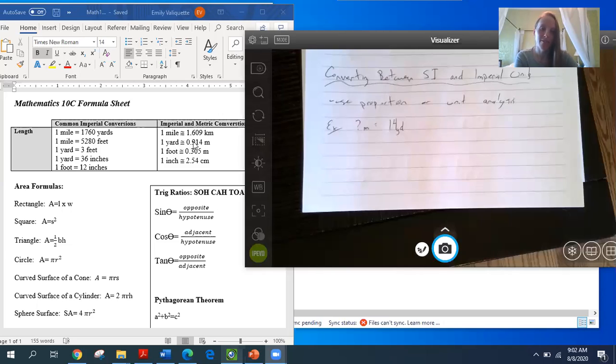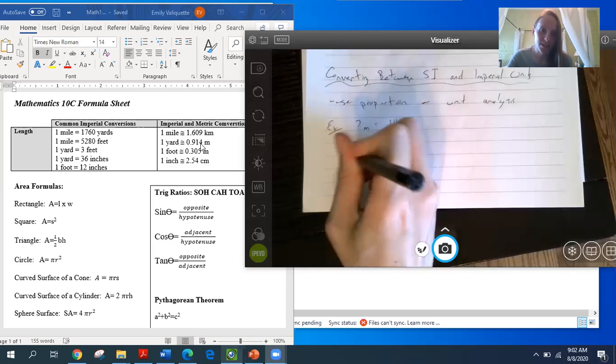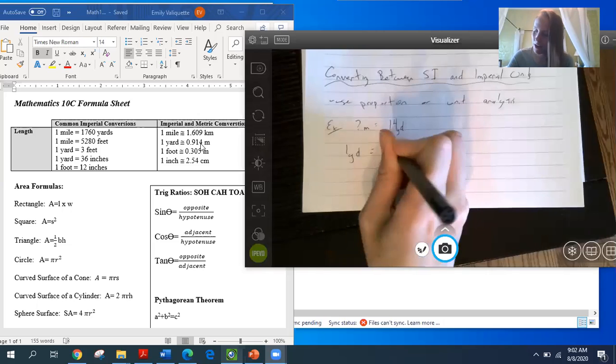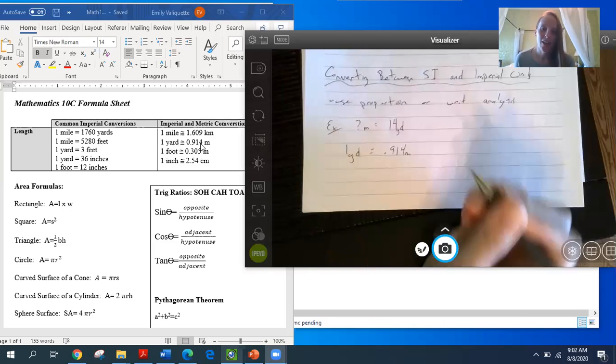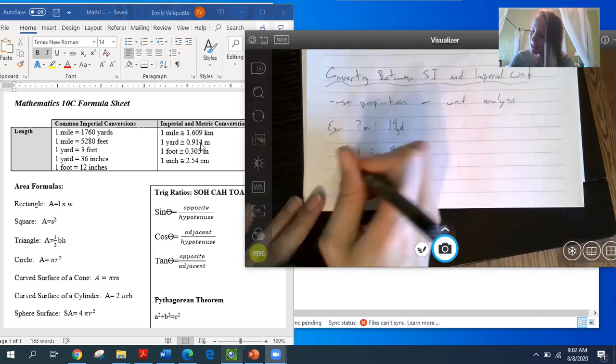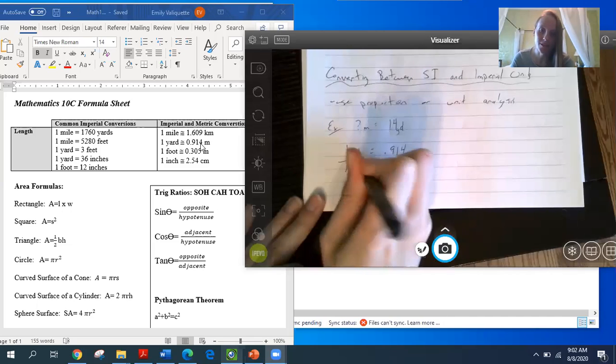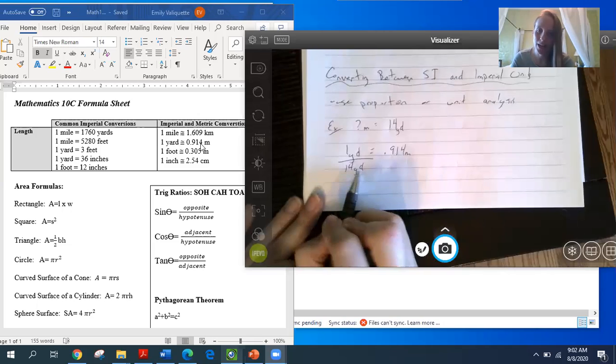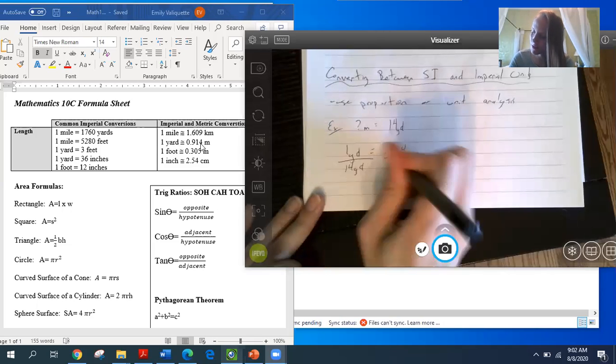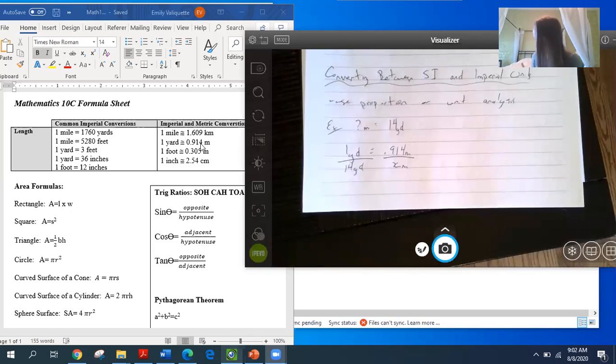So I'm going to start by writing out that conversion. So 1 yard is equal to 0.914 meters. And then I'm going to stack my units. So my 14 yards goes underneath my yards, and my unknown meters goes underneath my meters.